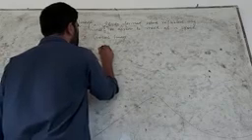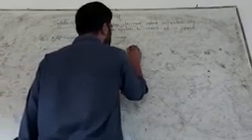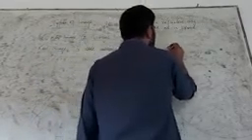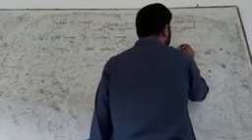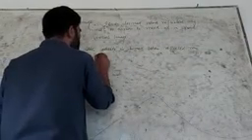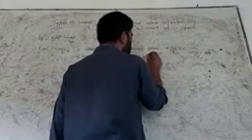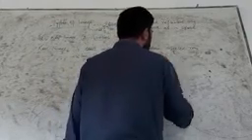A real image is that which is formed when reflected rays actually meet at a certain point. Dear students, it is always inverted.